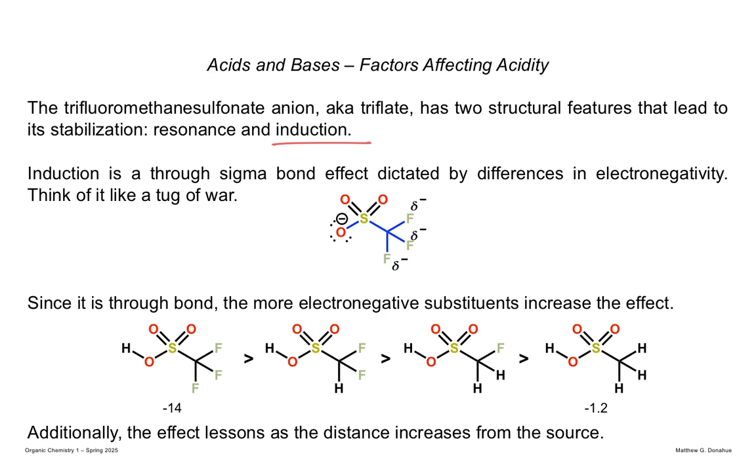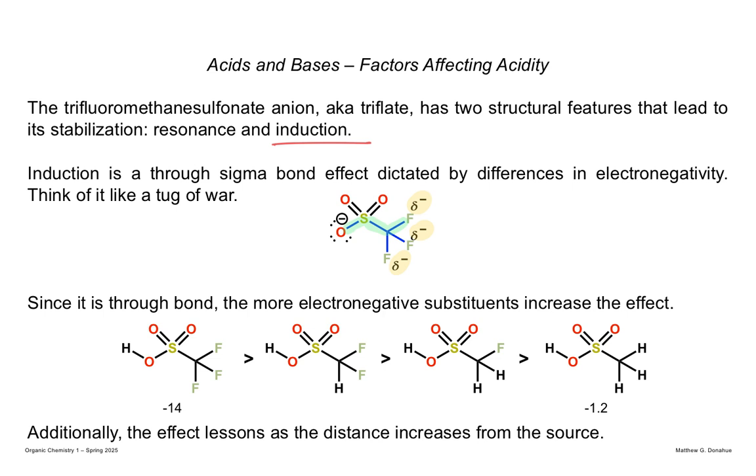So essentially what happens is because of that delta minus charge, highlighted in yellow there, and I drew these bonds in blue, the fluorine is greedy in the sense that it's the most electronegative element.